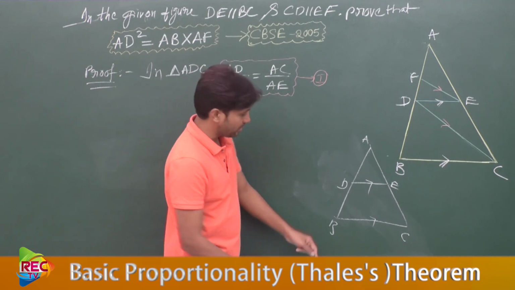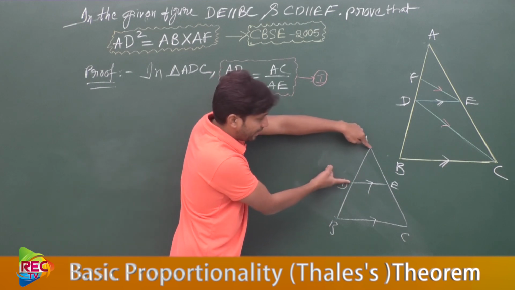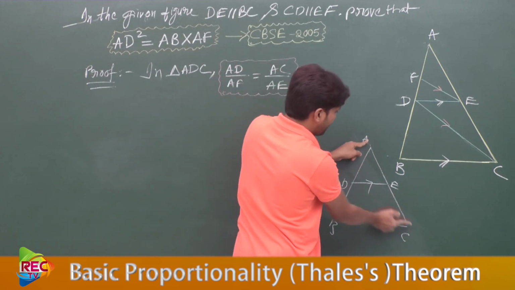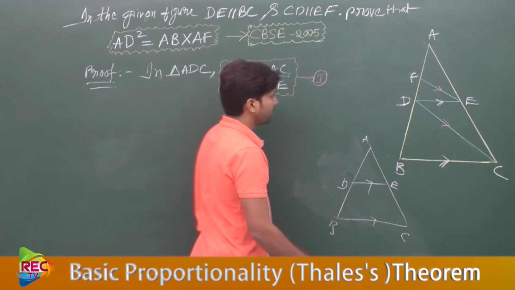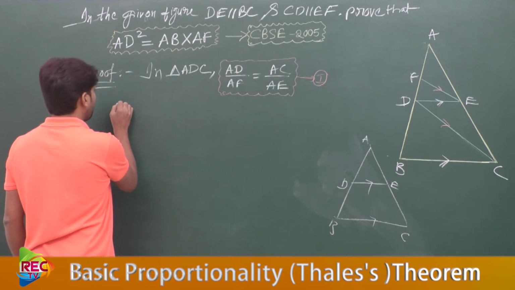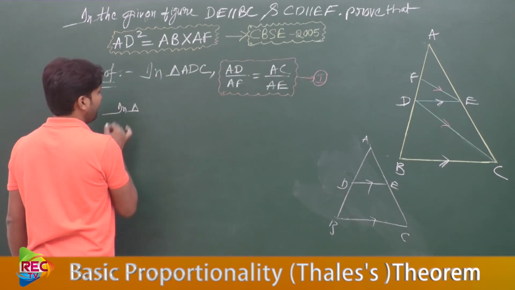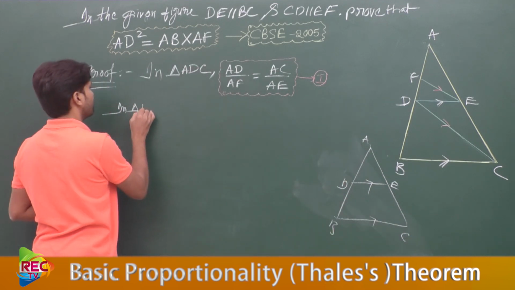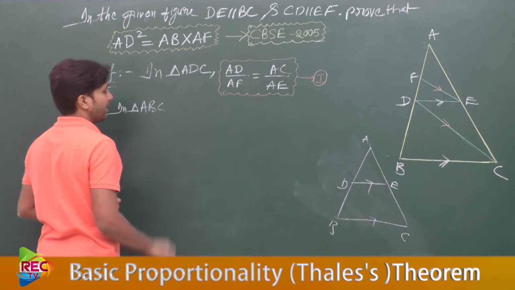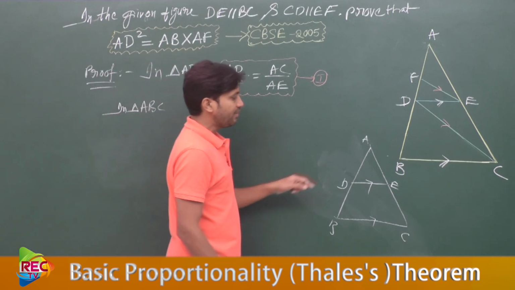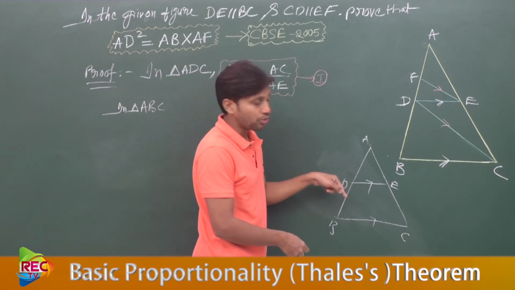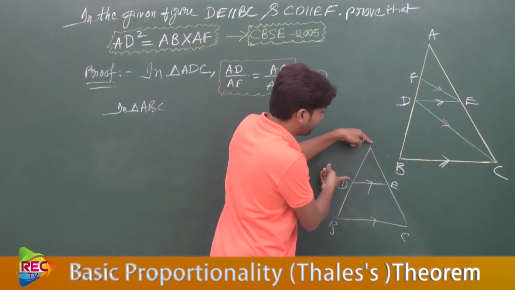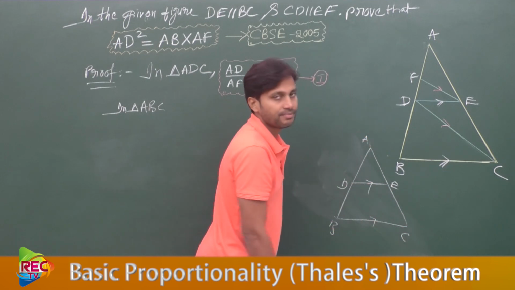What does it say here? AB by AD equal to what? AC by AE. So in the second triangle, what is the triangle? In triangle ABC, what can we say from the corollary of the basic proportionality theorem? AB by AD equal to AC by AE.